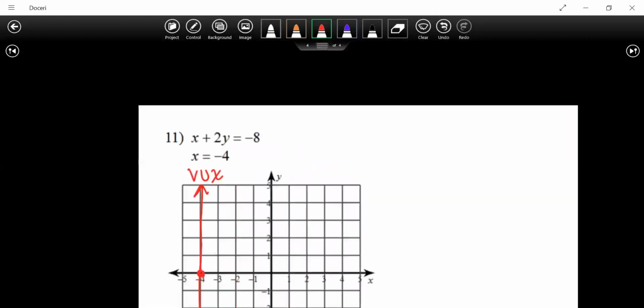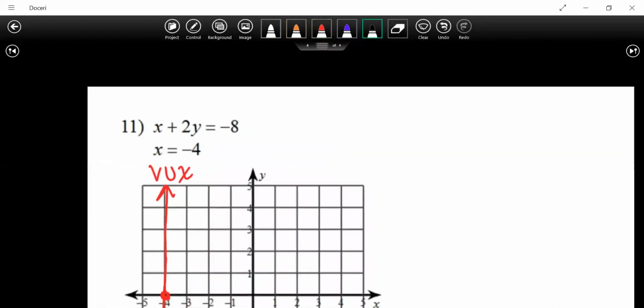The other one is a little bit more tricky. I'm going to move this off to the side so we can see it a little bit better. What's the value of our a if there's no value in front of the x? 1. So I'm just going to put that in: 1x plus 2y is equal to negative 8. We want to be able to label these.